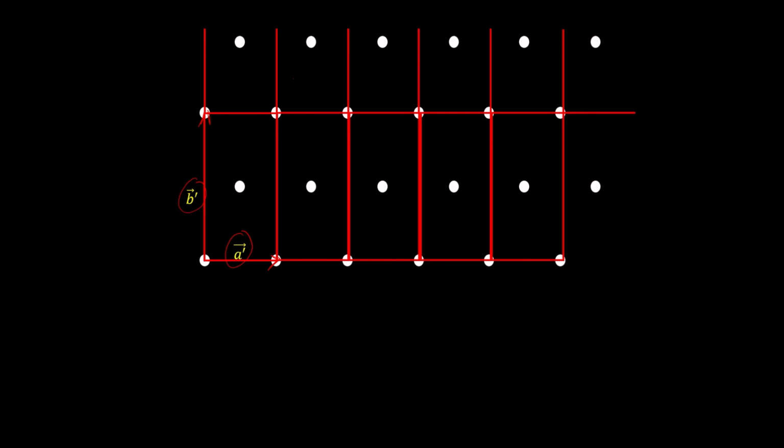So you can see that the choice of a unit cell is not unique, right? There are different ways, based on the symmetry of the structure that we are actually analyzing, to construct a unit cell.